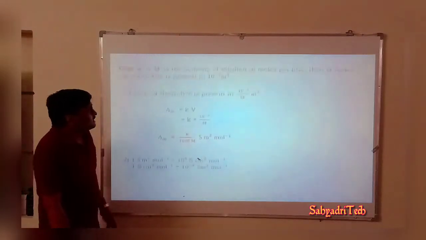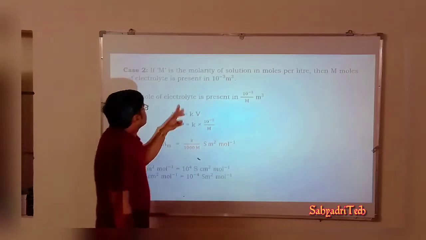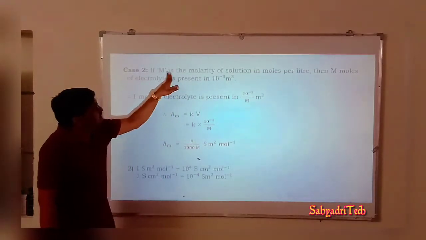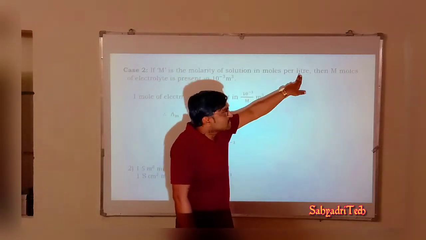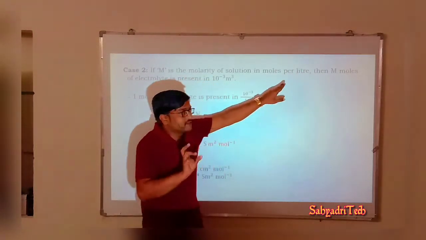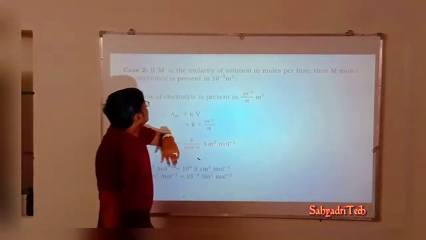Well, then coming to the second case: if m is the molarity of a solution and it is expressed in terms of moles per liter. Now I am specifying the molarity unit as moles per liter. Then what can I say?